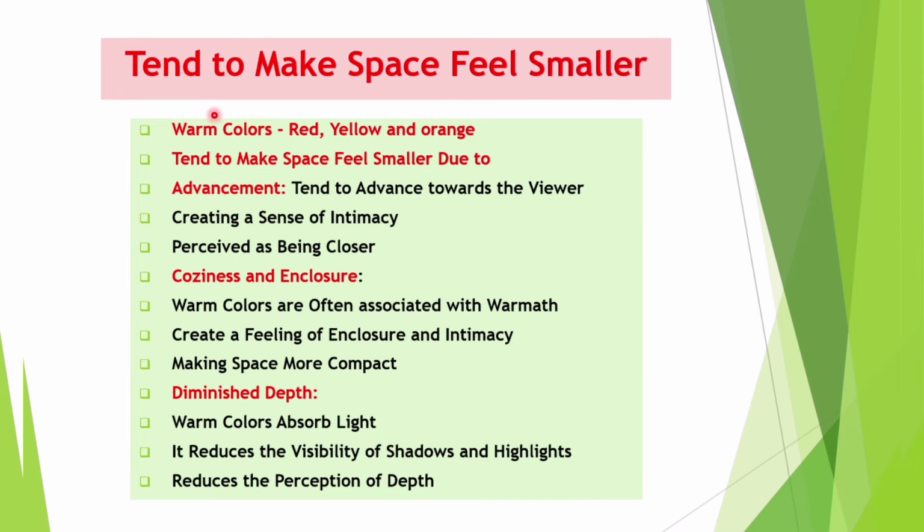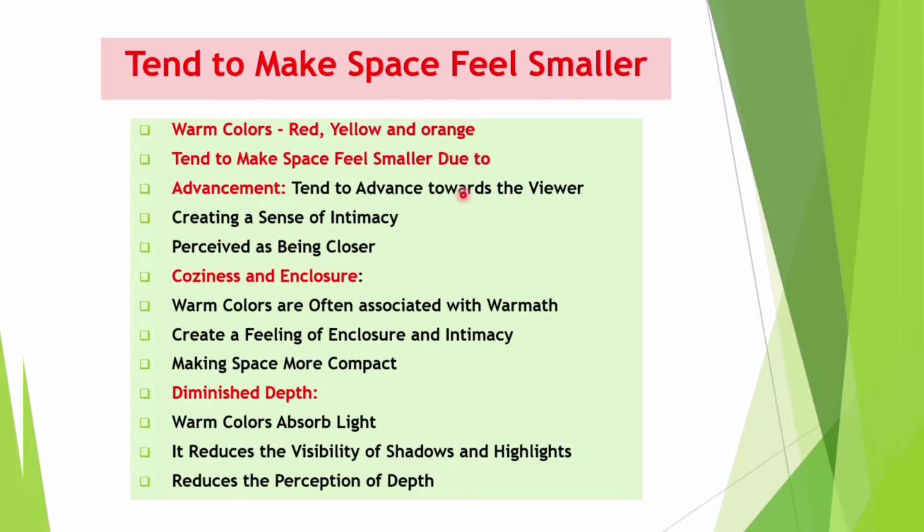Now, what is the impact of the warm colors? They tend to make space feel smaller. Warm colors such as red, yellow and orange tend to make space feel smaller. Why? Because of advancement: these colors tend to advance towards the viewer.